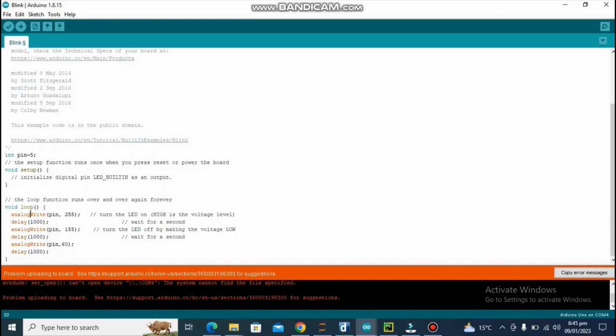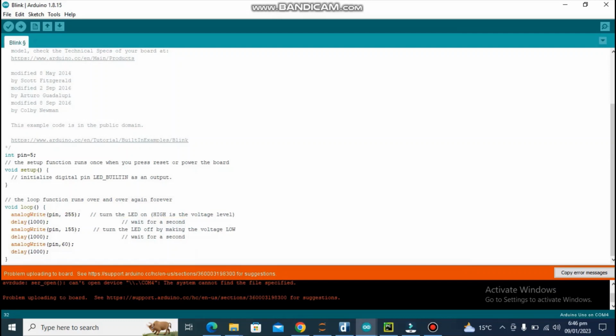The pulse width modulation pin is like an analog output pin, not strictly an analog output pin, but somehow it is close to an analog out. Going to the loop part of the program, we shall use the command analog write, and what this command does is it turns on the pin, which is the pin number 5, and this is the value of pulse width modulation.